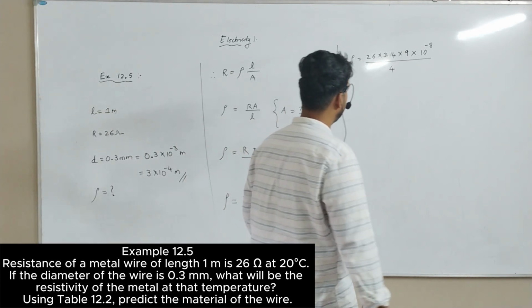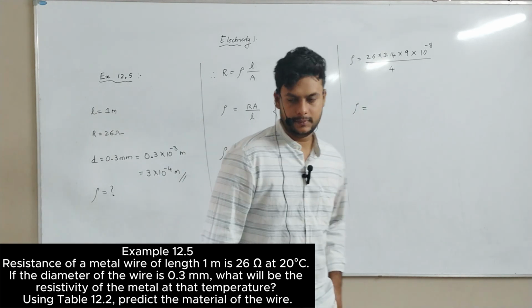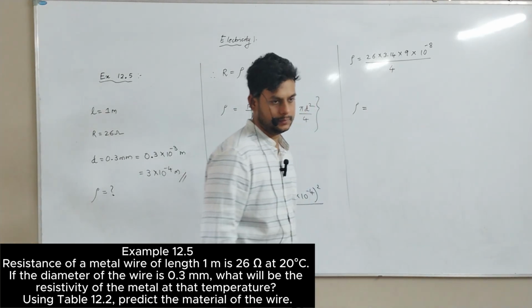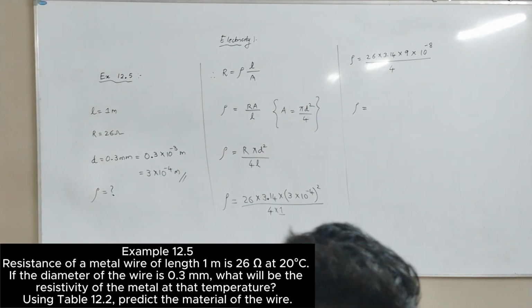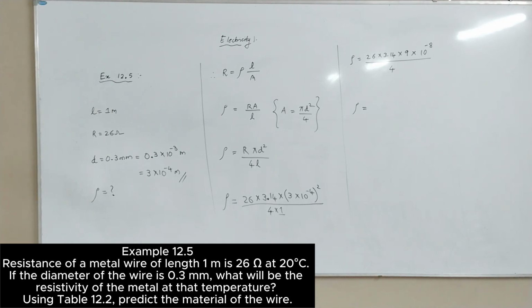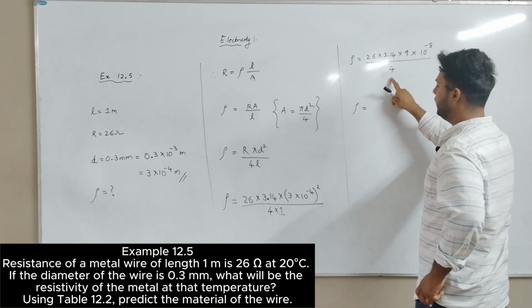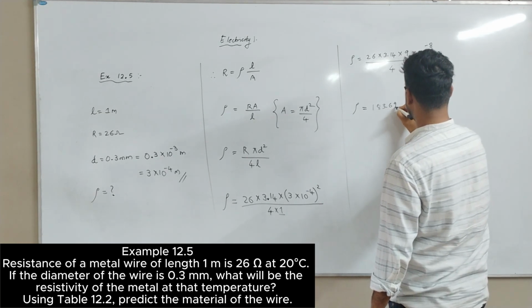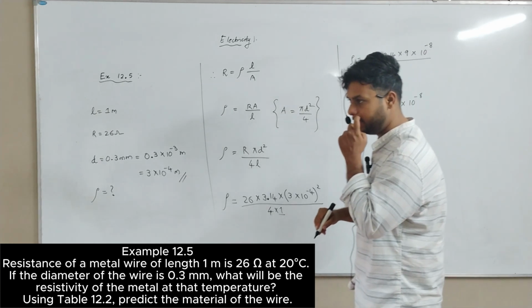So rho is equal to that divided by 4. I think everybody got it. If you multiply these three and then divide by 4, you will get 183.69 into 10 power minus 8.